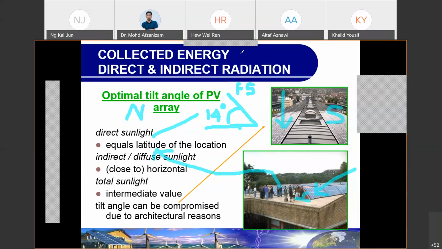Let's say this one is east, west. So for locations like Sudan or Yemen, they are recommended to install at 14 degrees facing south, to obtain the maximum, or perpendicular, sun ray throughout the year.